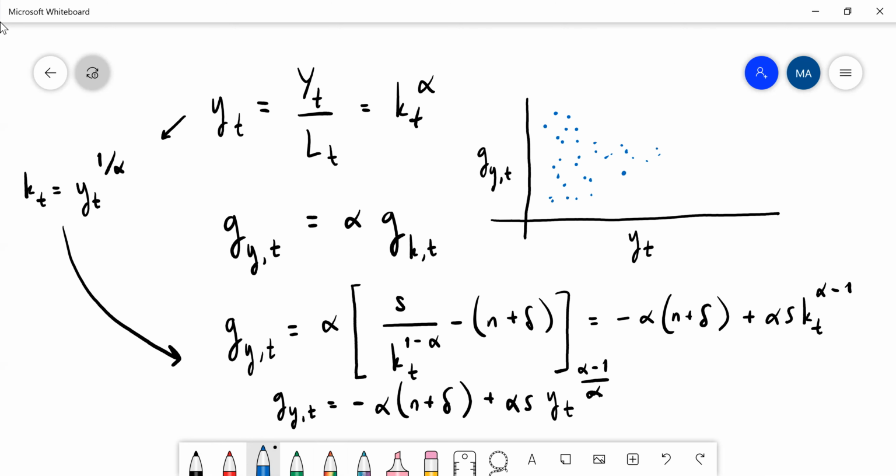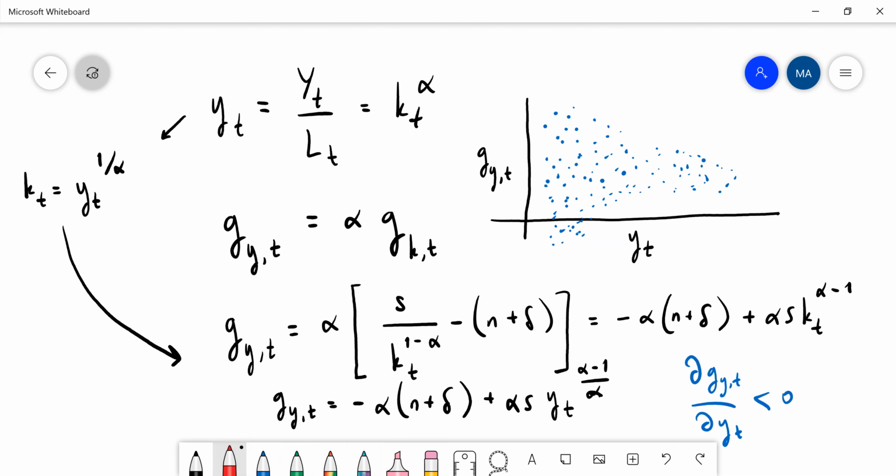That figure was something like that in the data. Remember this from the first week? So these are countries in the world. The model now tells you that richer countries must have smaller growth rates.